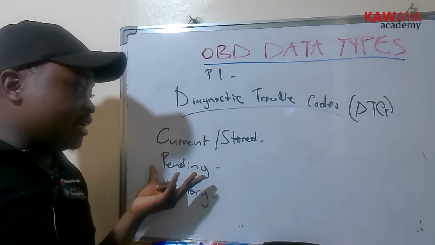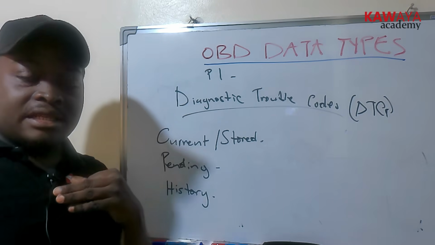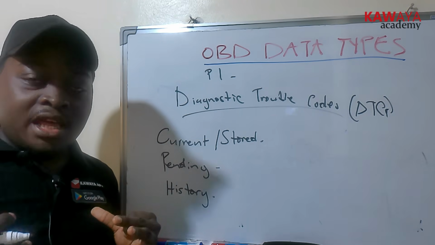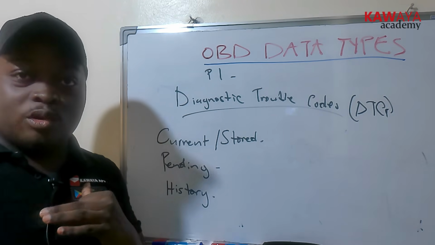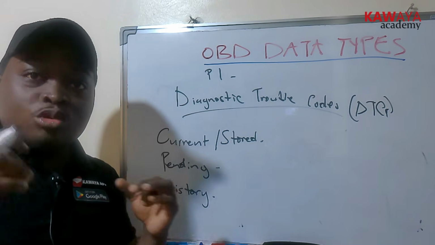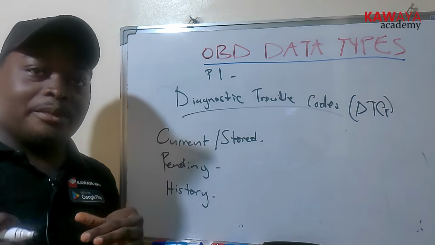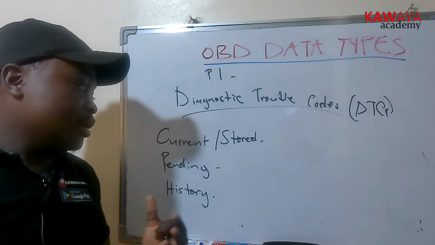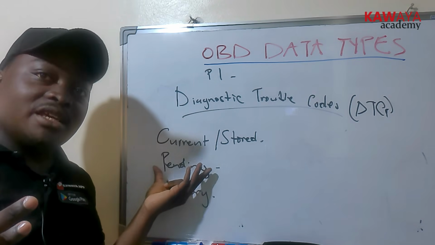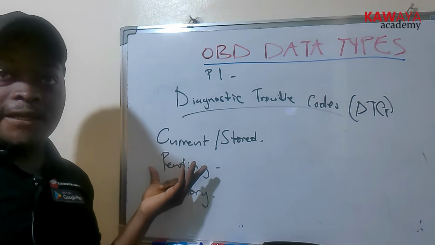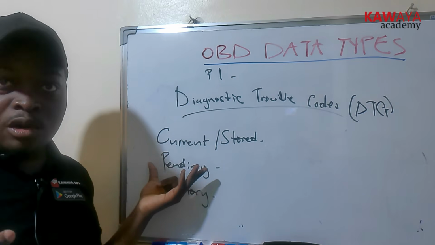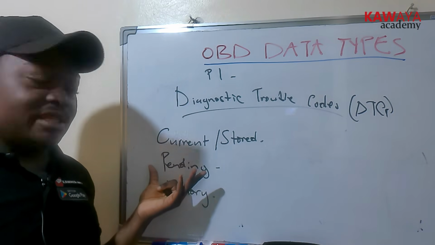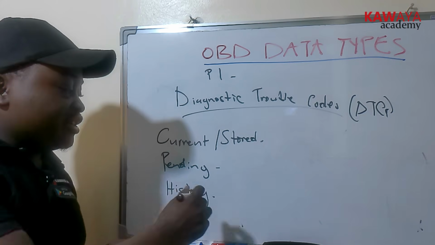If you see pending, sometimes the sensors monitor an issue and send the data to the computer, but the computer may not exactly rule it as an issue. Sometimes the computer is always monitoring before it rules on the issue. So for that case, you will see a pending code, and in some cases a pending code may or may not bring a check engine light. Then we also have history.